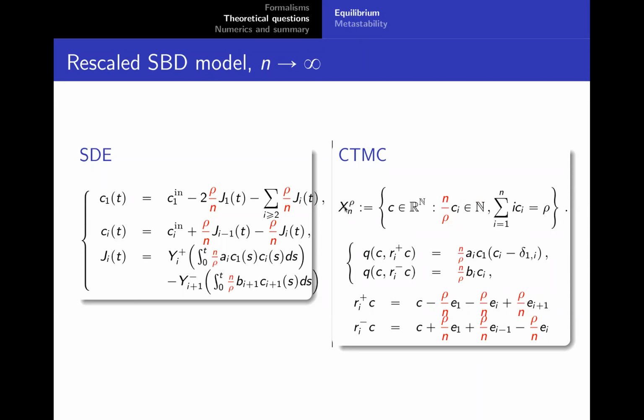And so I'm now in a state space, still finite for each n, but where all conditions have been renormalized to have a finite density, and I increase the volume. By increasing the volume, I'm increasing the number of particles as well. And I rescale the reaction rates so that they all scale with n, and the transitions all scale with 1 over n, as in a classical large volume scaling.